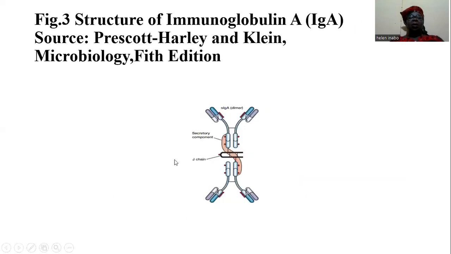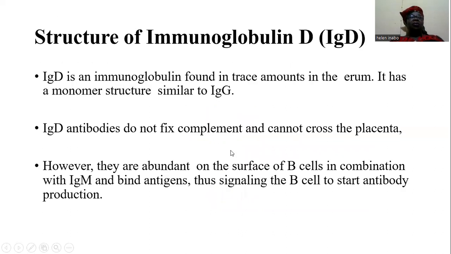Here is the structure of IgA, that there are two monomers, that is a dimer, and it has a secretory component added to it with the J chain. Structure of immunoglobulin D, IgD, is an immunoglobulin found in trace amounts as a monomer with a monomer structure similar to IgG, found in trace amount in the serum.